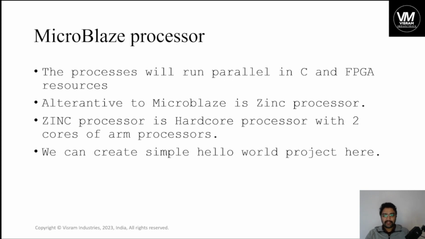Going further, the MicroBlaze processor can run in parallel, in C and on FPGA resources. For example, you have written hundreds and thousands of lines of code in a C program, doing a very basic application. Some of the instruction sets or execution loops can be done using C libraries, and some other processing or functions in the C program can take help from the architecture on FPGA resources.